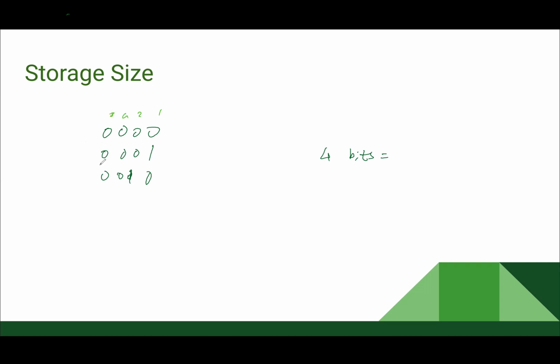So the biggest number that we can represent here is 8 plus 4 plus 2 plus 1, which gives us 15. So we can represent any number between 0 and 15, which is a total of 16 values. So 4 bits is 16 values.